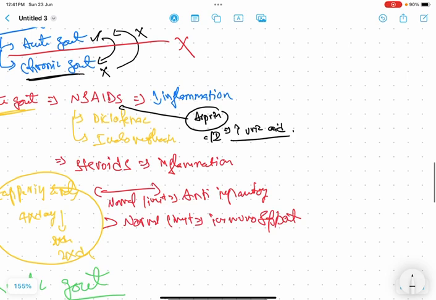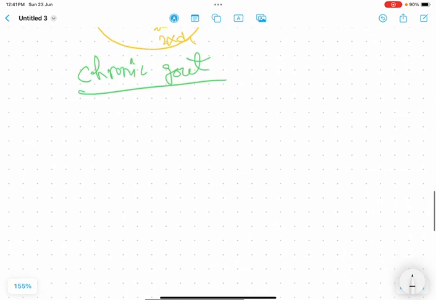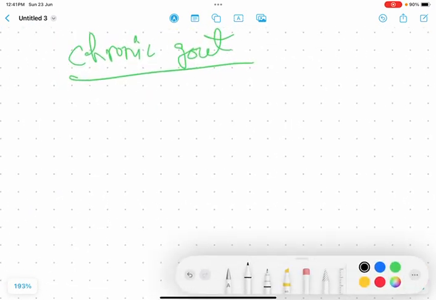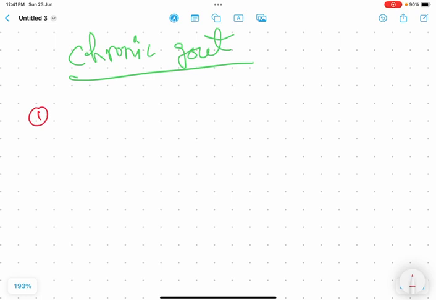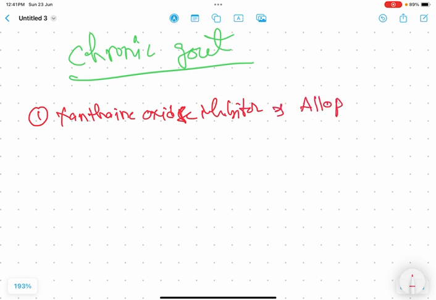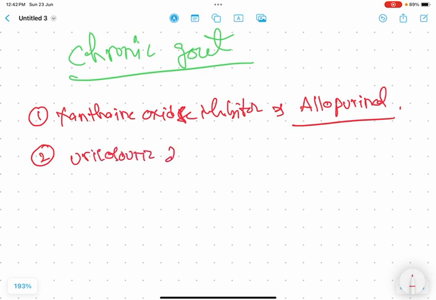Okay, so let's go somewhat deeper into these drugs. First one is the xanthine oxidase inhibitor, and the best example is allopurinol. This is the main drug. Now the second drug is uricosuric drugs.